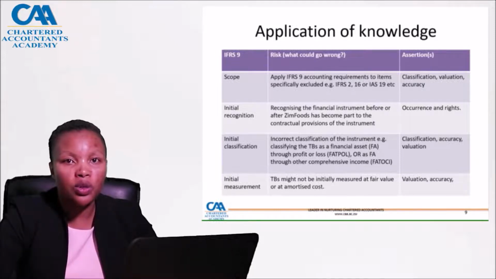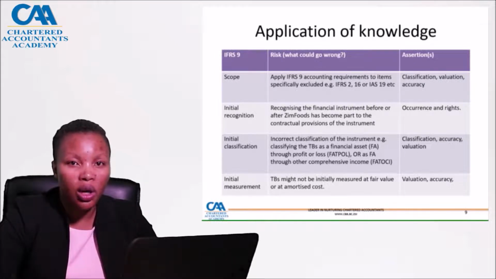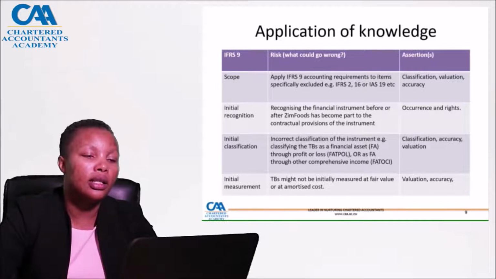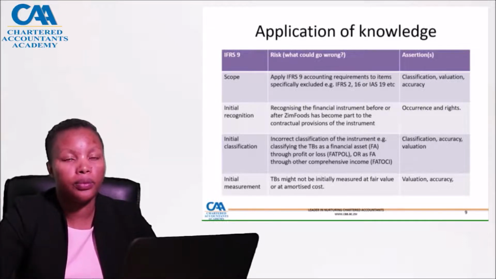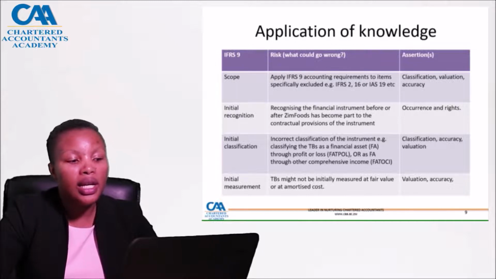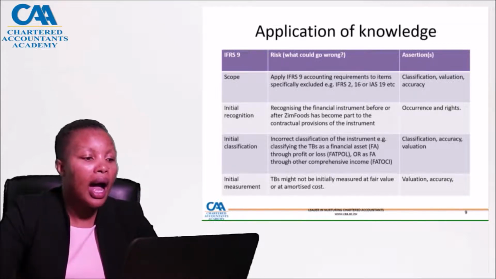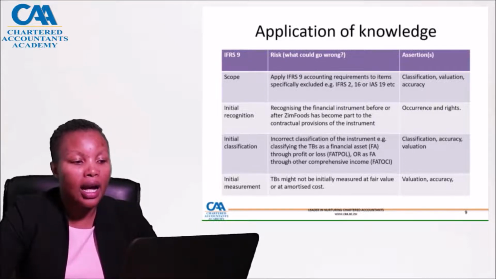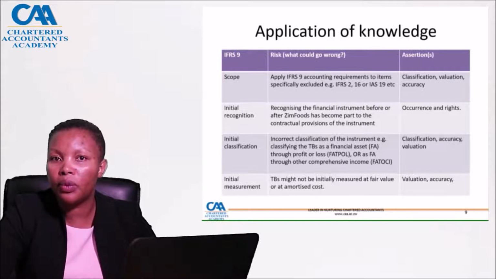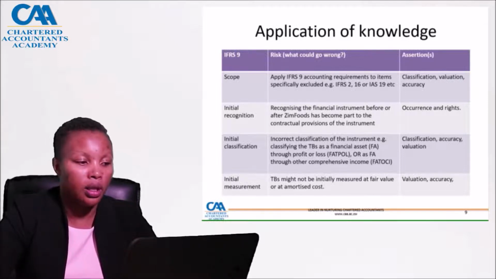Zim Foods wants to recognize this treasury bill. But before it recognizes it, first and foremost, it has to determine which standard it is going to fall under. And one would say IFRS 9. But is it really a financial instrument? You then have to ask yourself, I'm applying IFRS 9 accounting requirements to the treasury bill.